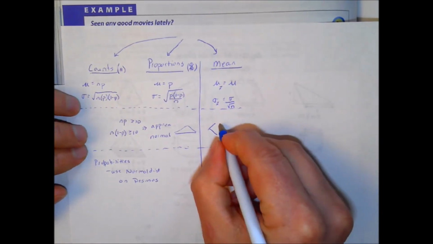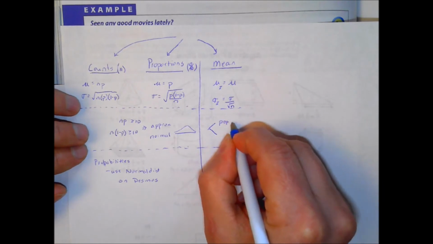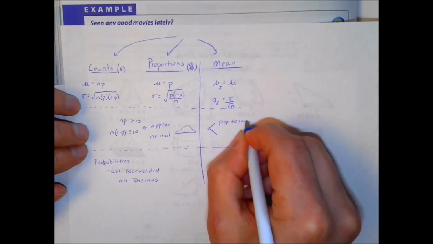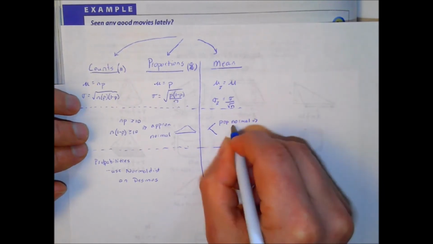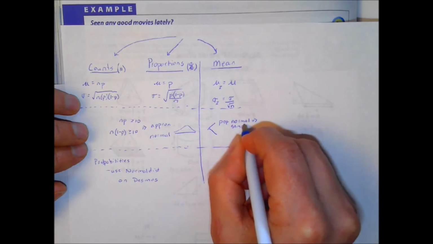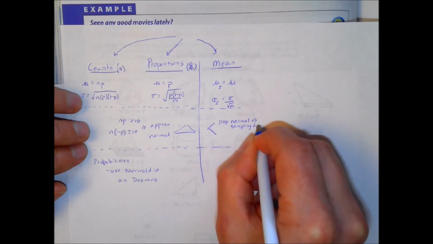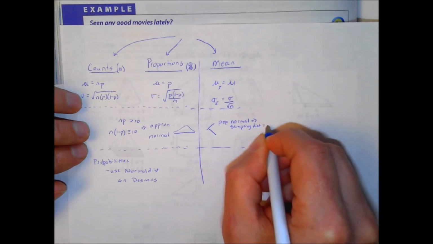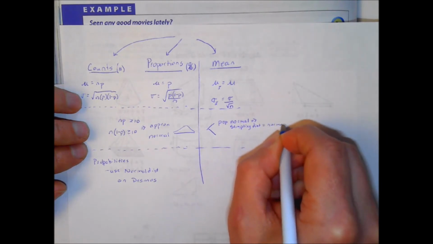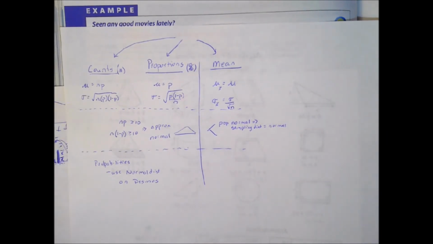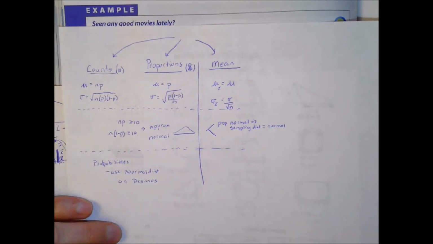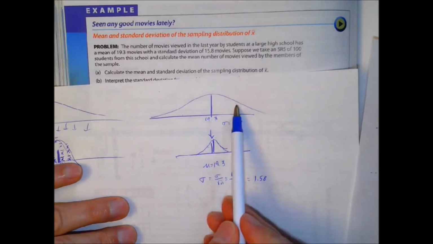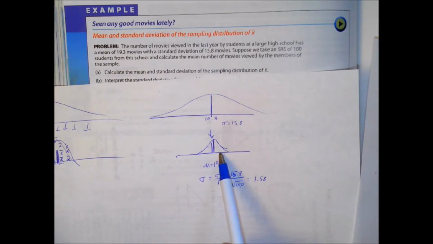Today, we're going to say if our population is approximately normal, then our sampling distribution is also going to be. Okay? So as long as what we start with, our population, is approximately normal, then our sampling distribution is also going to be approximately normal.